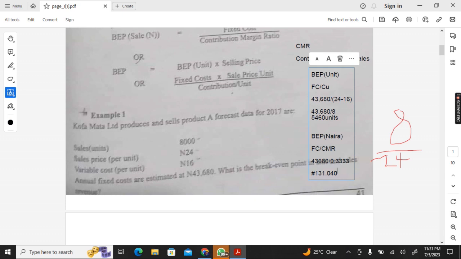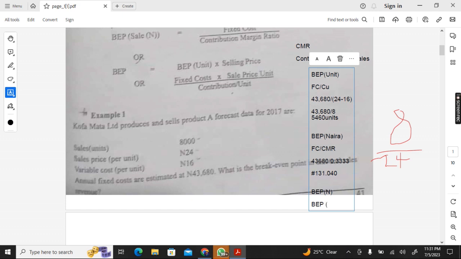So we have break-even point, another formula in naira. We can use break-even point in units.